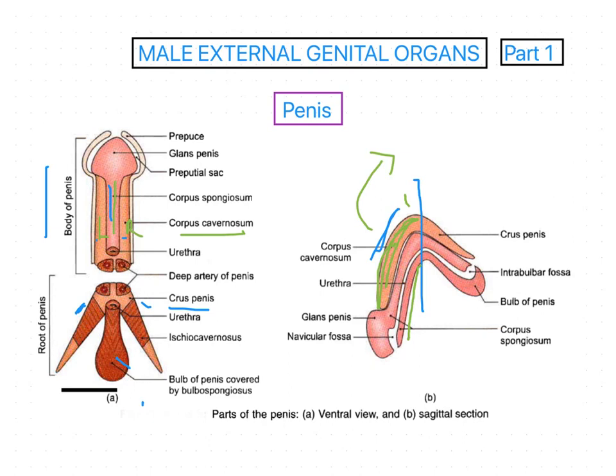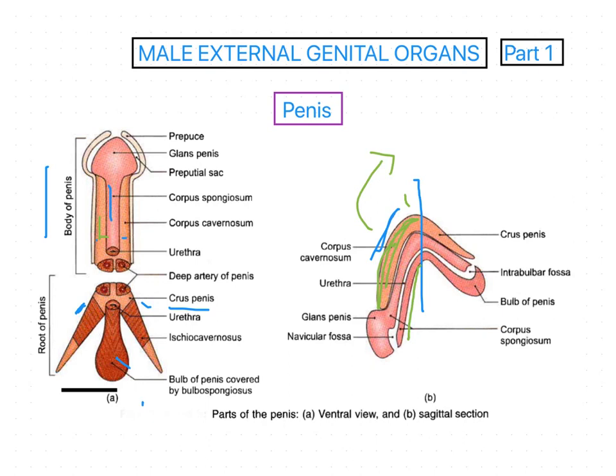Now coming to the corpora cavernosa. The corpora cavernosa are two in number, placed side by side in the dorsal part. The dorsal part of the body of the penis consists of these corpora cavernosa.